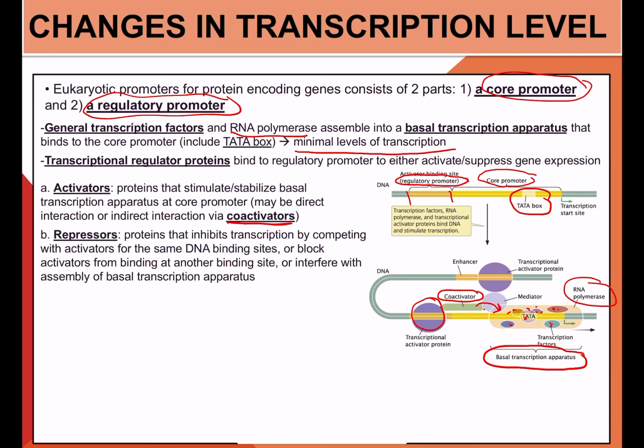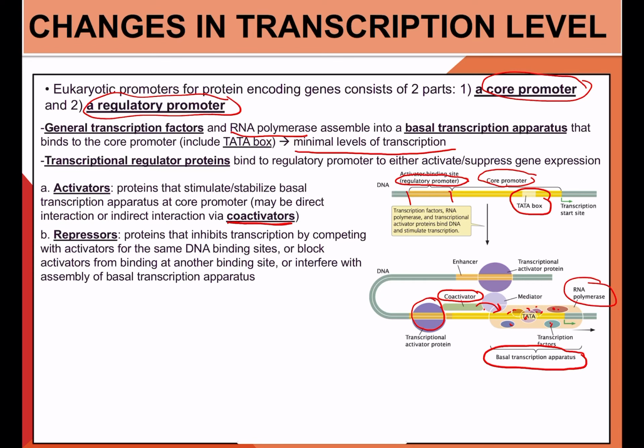I'm not adding all of this, because it's a lot of things for you to know. But activators and co-activators work together to either stabilize this basal apparatus or make it more activated, okay?